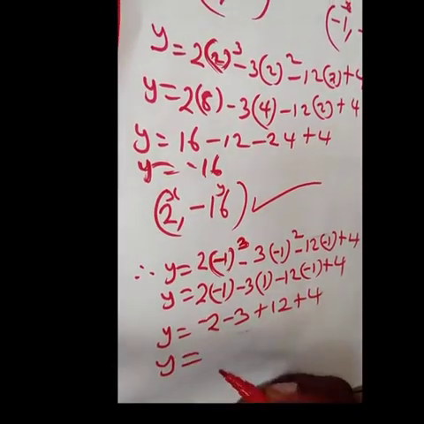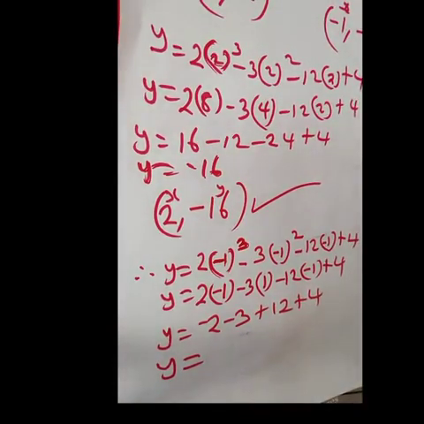Still, you can punch this if you want. Since this is paper 2, you are free to do that. Do it with me. Let's see. What answer are you getting? -2 minus 3 plus 12 plus 4.